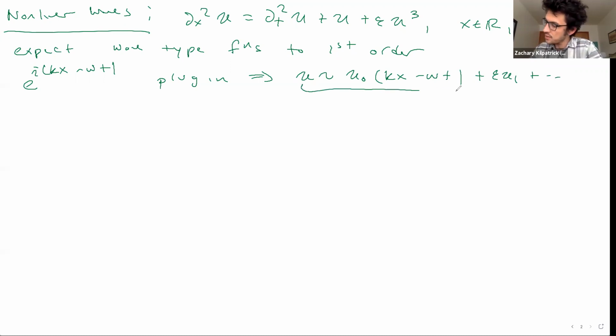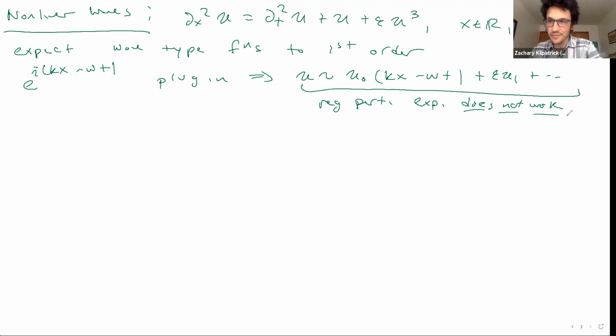But this regular perturbation expansion does not work, basically because of secularity again. You're going to get resonant terms, and it's going to cause these solutions to build up in amplitude over time, which is non-physical.